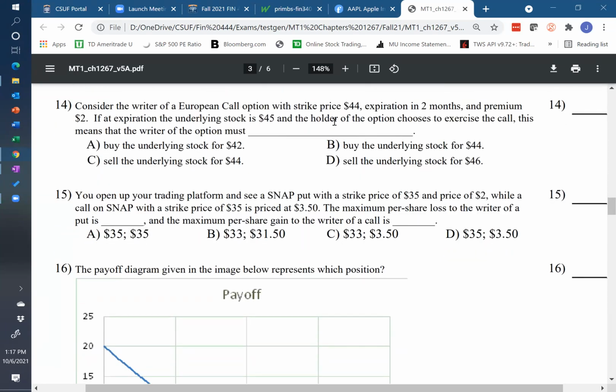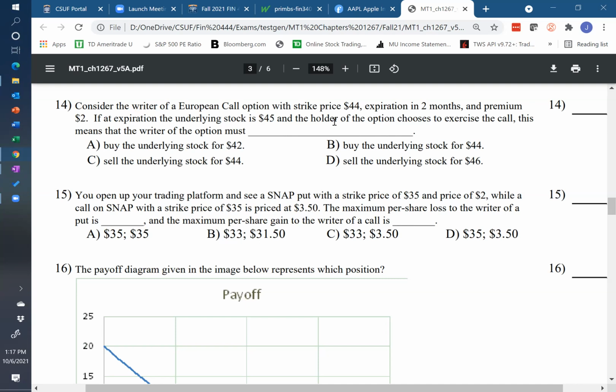Consider the writer of a European call option with the strike price 44, expiration 2 months, premium $2. If at expiration the underlying stock is 45 and the holder of the option chooses to exercise the call, this means that the writer of the option must what?